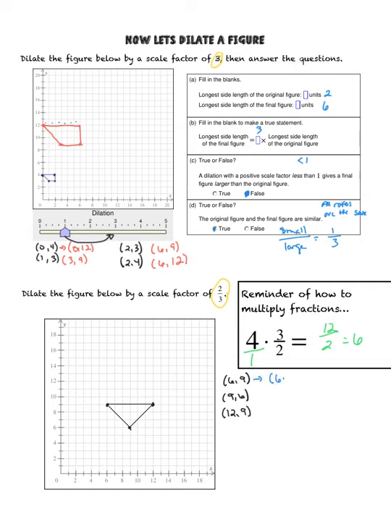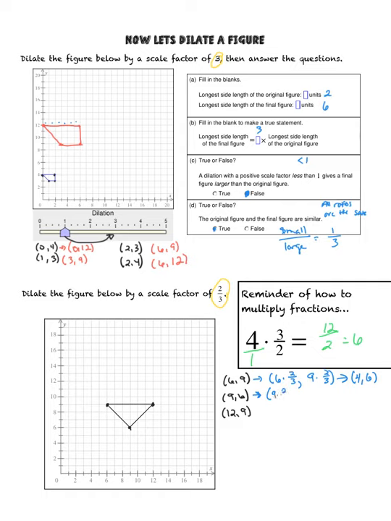So 6 times 2 over 3, comma, 9 times 2 over 3, which actually becomes 12 over 3 is 4, and 18 over 3 is 6. 4, 6. Our scale factor is 2/3, so we know this figure is going to be a little bit smaller than the original figure. Let's do the rest of the math.